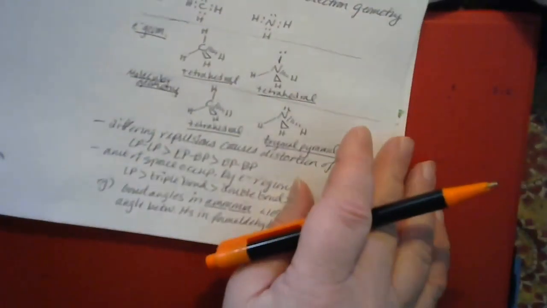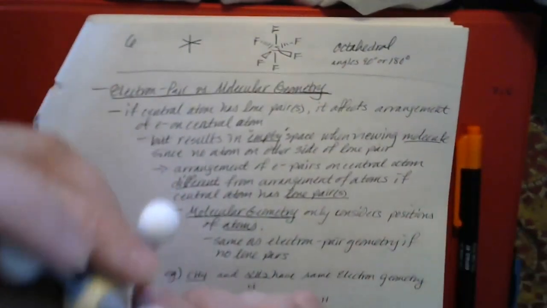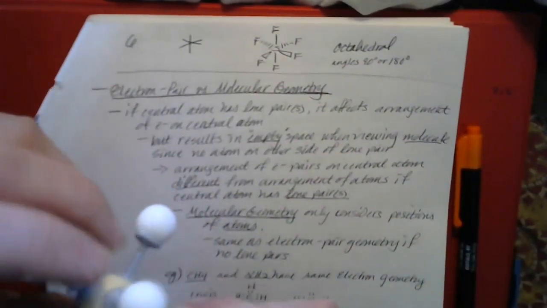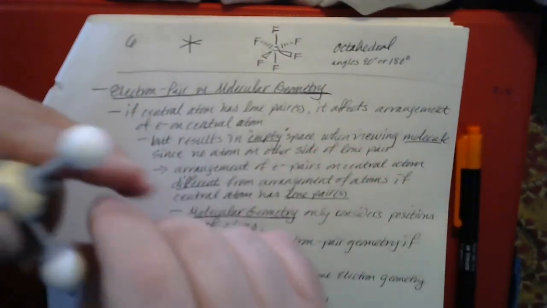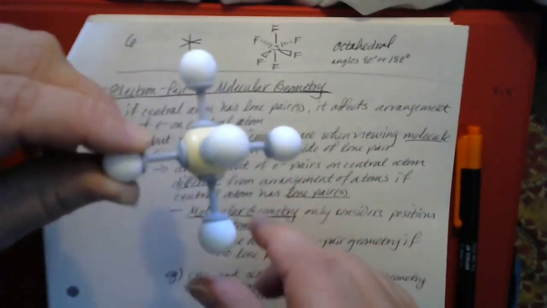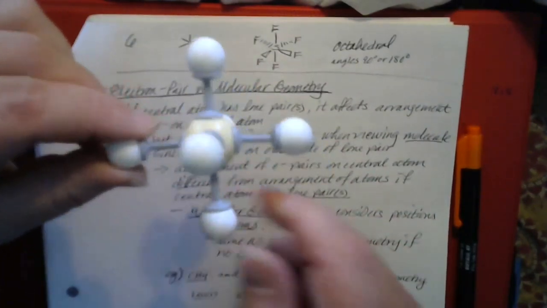The other possibility that we're going to cover would be, what if there are 6 regions of electrons around the central atom? Then you get something that's known as octahedral. And octahedral can maybe best be envisioned as sort of like a square with a stick through it. This is an octahedral structure.